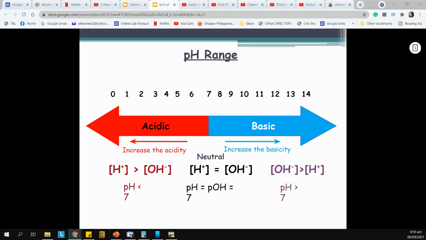Sa babae kasi, meron tayong tinatawag na normal flora and fauna, yung mga nakatirang microorganisms sa katawan natin. And those who live on the vaginal areas are usually the ones that are acidic. Okay? Pag naging basic yan, tutubo na ngayon yung mga tinatawag nating mga fungal infection, yung mga hadhad. But anyway, so yun yung nangyayari doon, guys.